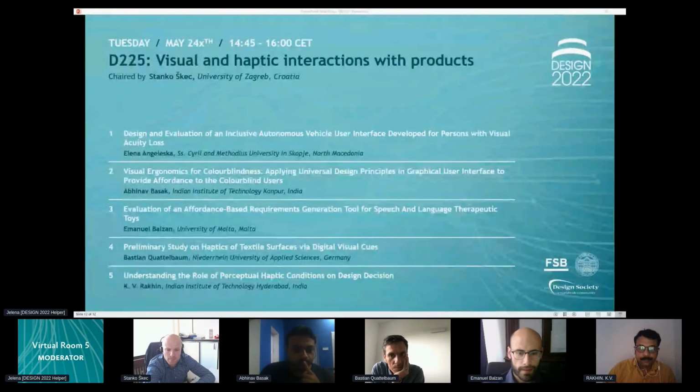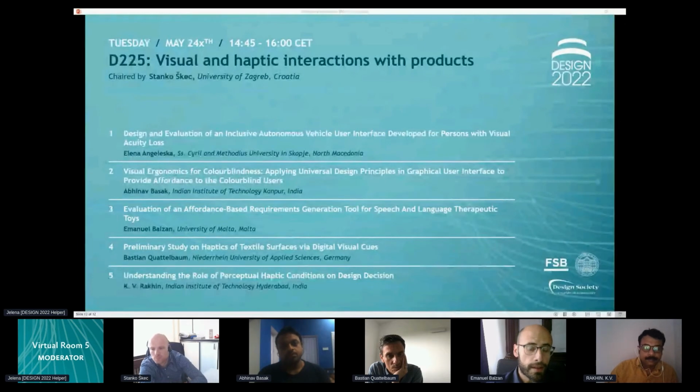Good question, Stanko. Basically, my ontology takes care of this aspect. It is called the accessibility aspect because it takes into consideration universal design. What this tool would help designers do is to consider any impairment, because we can have multiple impairments, not just visual, not just haptic, not just motor.